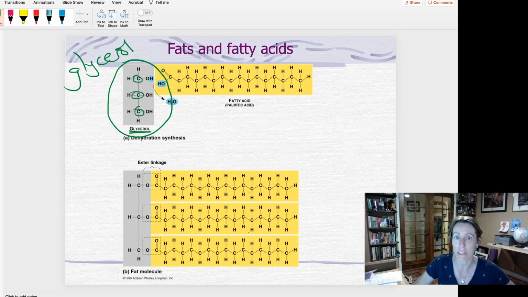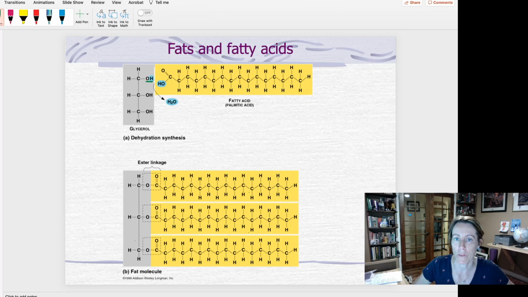It's always 3 carbons in a chain. And each carbon has a hydroxyl group attached to it. So there's 3 OHs. This is why learning those functional groups is so important, so that when I say hydroxyl group, you know what I mean. So glycerol is going to be 3 carbons in a row and then an OH on each carbon. And this is the first component that we need to build a triglyceride. It's the backbone of the molecule.